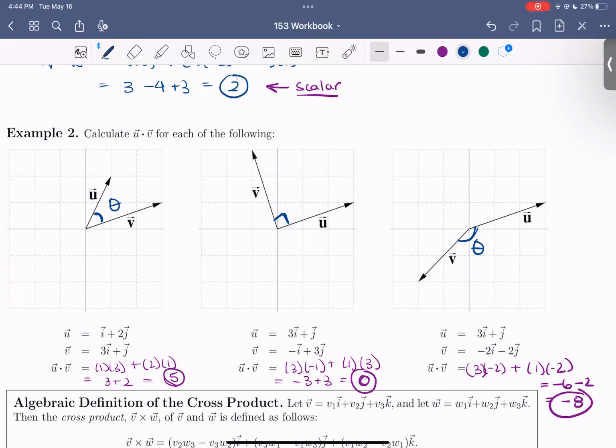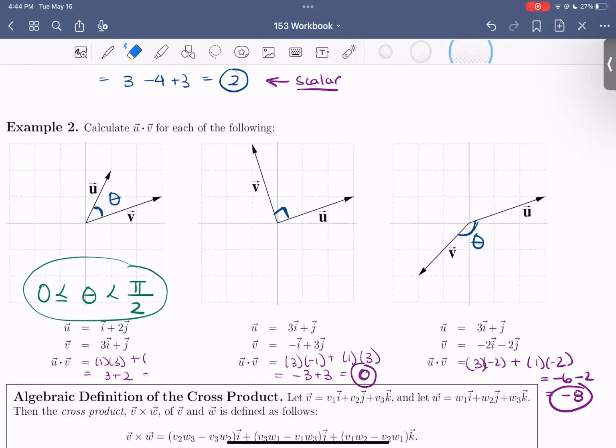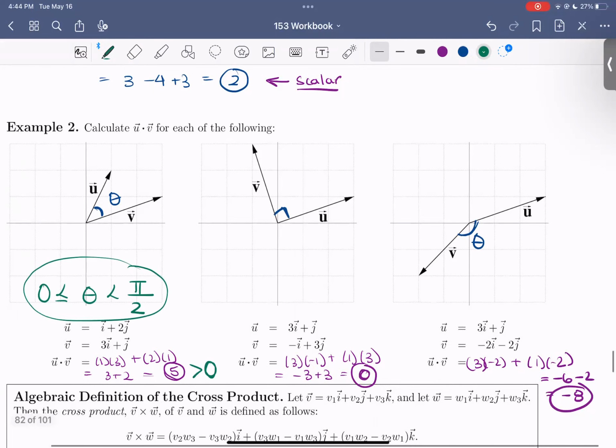So in the first situation, we see that this angle theta is between 0 and 90 degrees, or pi over 2 if we're looking at radians. So here, theta is between 0 and pi over 2. And when that happens, our dot product is going to be positive, bigger than 0. So there's no coincidence there. And it turns out when our angle is equal to pi over 2, or 90 degrees, then the dot product is going to be equal to 0.